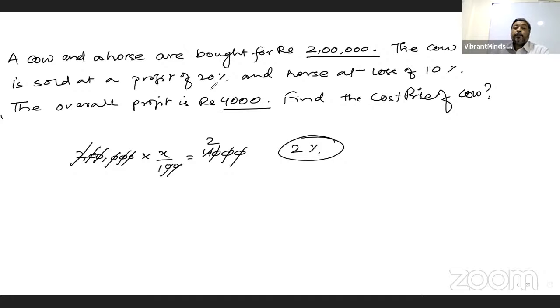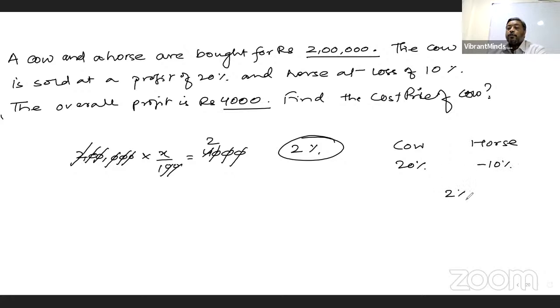But the cow is sold at a profit of 20% and the horse at a loss of 10%. That means I can write this by using the allegation method. If you have heard about the allegation method, it will feel a very easy way. Example, cow, horse. 20% is the profit and loss means minus 10% is the loss.